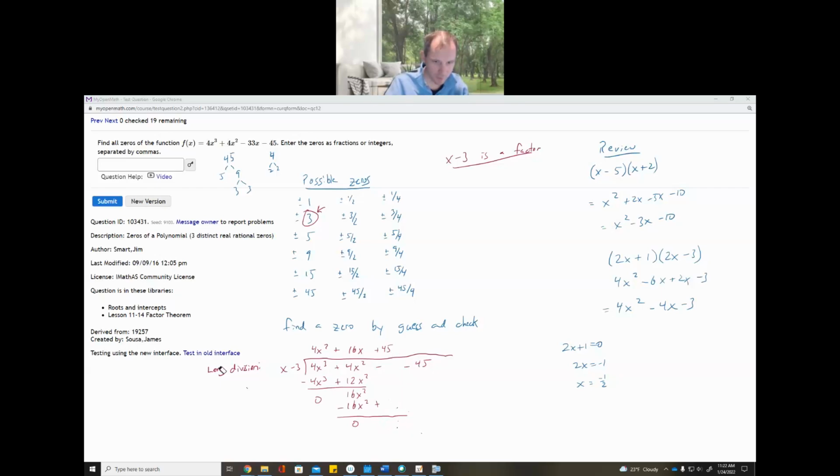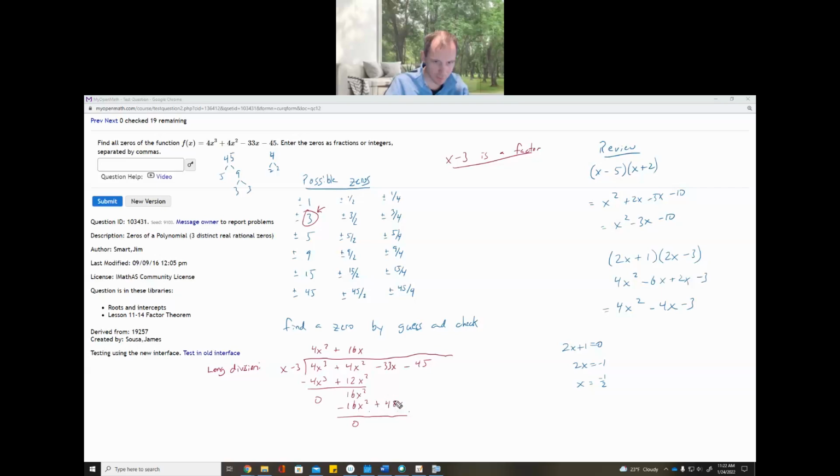Okay, so let's just back that up a little bit. Okay, might have backed up a little too far, but that's okay. So we had 16x times x gives me 16x squared, and then 16x times negative 3 gave me a negative 48x, and then I changed the sign, so negative, and this became positive.